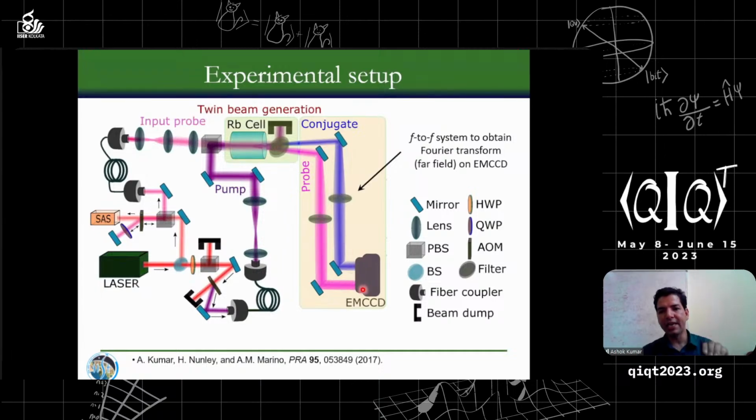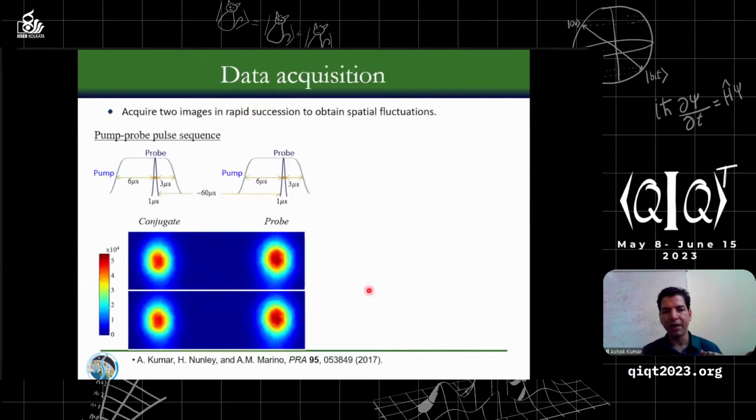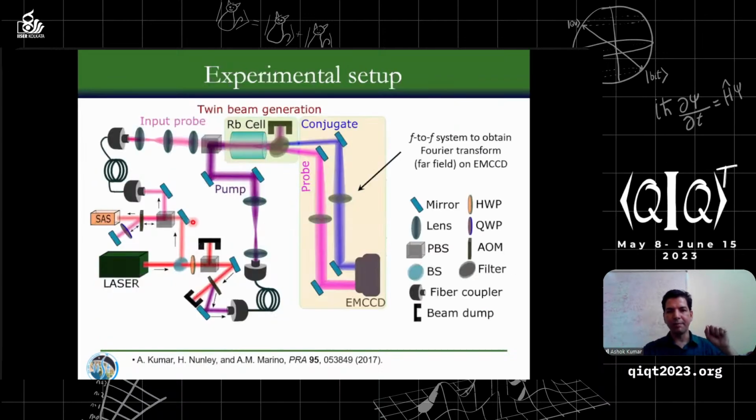And of course, care has to be taken while acquiring images on a CCD camera. So for that, we have pulsed our pump and probe beam, and then this is our pulse sequence actually. So basically what we do, we created pulses of probe and conjugate beam, and we acquired these pulses on an EMCCD camera.